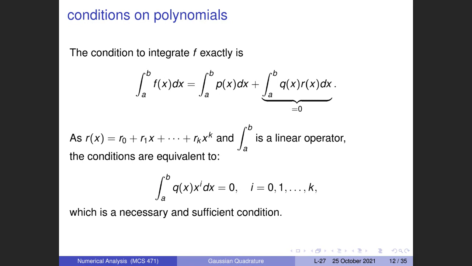Again, we are essentially applying the same idea where we started with the method of undetermined coefficients, exploiting that the integral is a linear operator. So we have necessary and sufficient conditions on the Q. And that's the Q that we use in the representation of the polynomial.